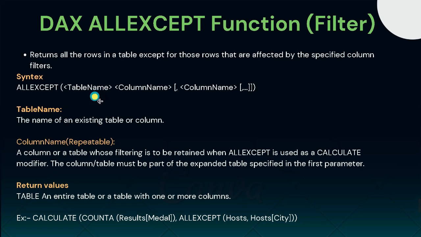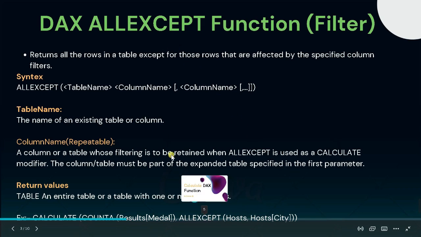Whereas column name means one or more columns specified for which the context filter must be preserved. And another thing to remember is that this ALLEXCEPT DAX function can return an entire table or a table with one or more columns. Here you can see the example of this ALLEXCEPT DAX function.